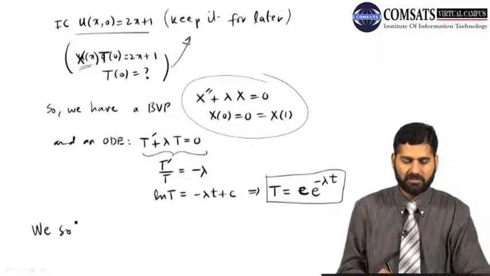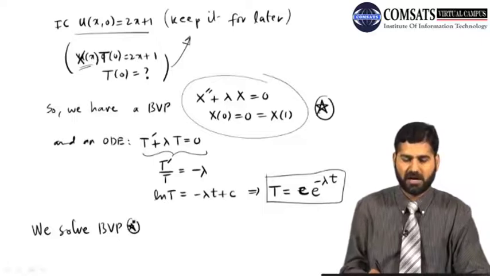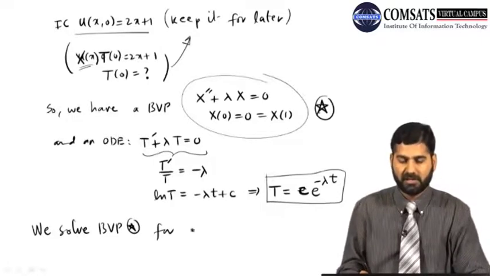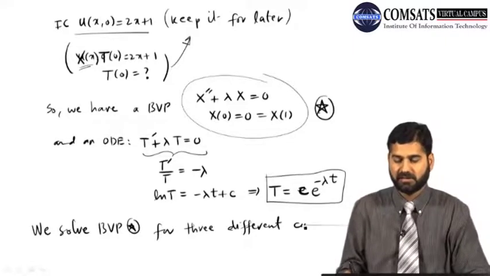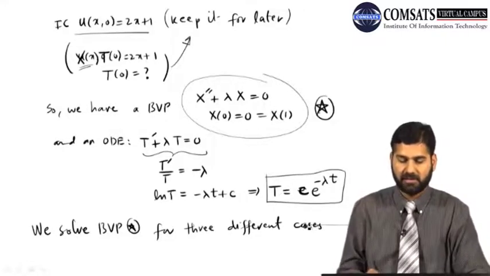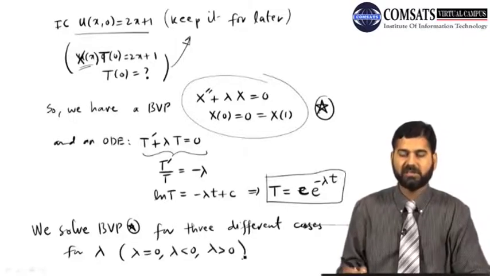Now we solve the boundary value problem, let's call it star, for 3 different cases for lambda. That is lambda 0, lambda negative and lambda positive. So these are three cases.